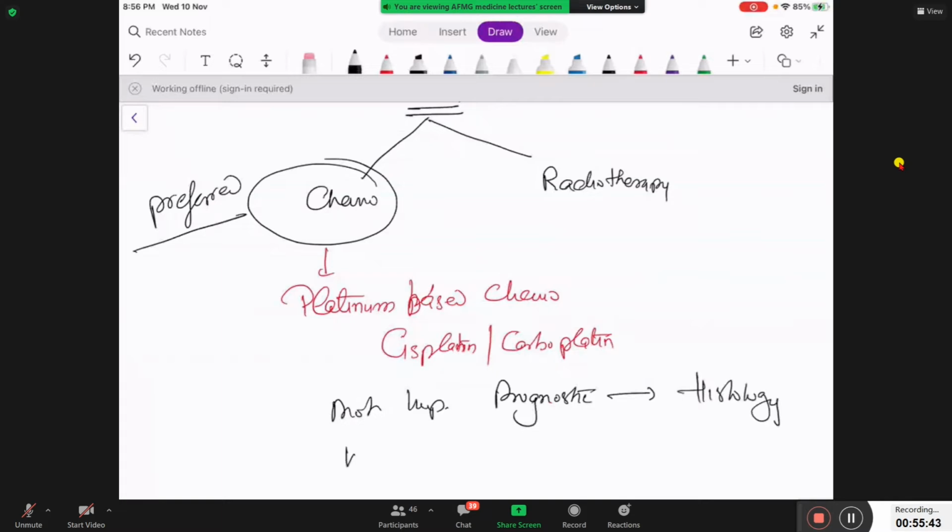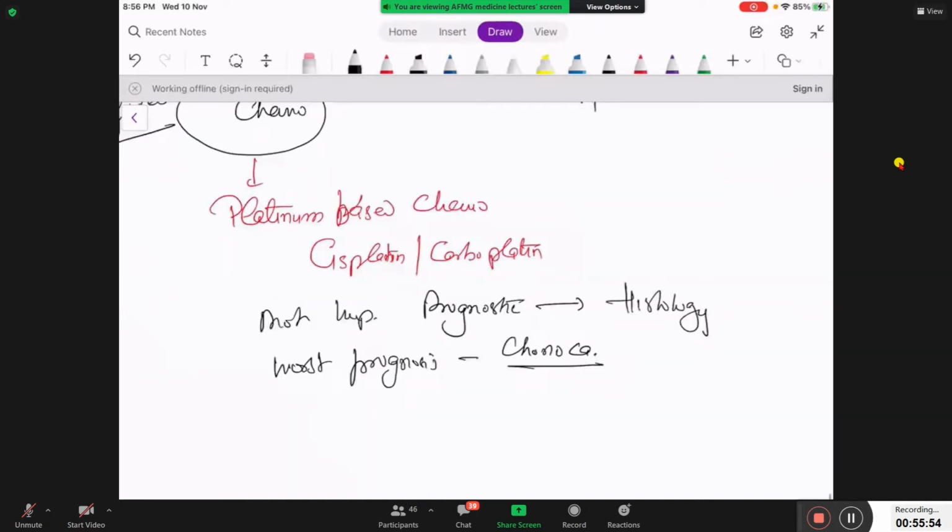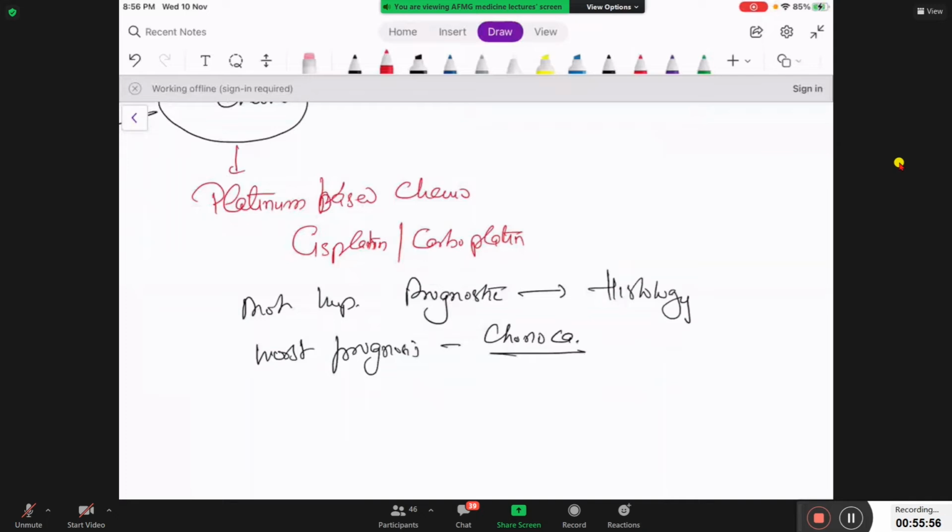And the worst prognosis is of choriocarcinoma. And one thing more you should know about choriocarcinoma, it mainly spreads by a blood-borne route.